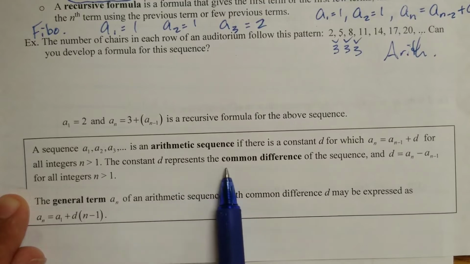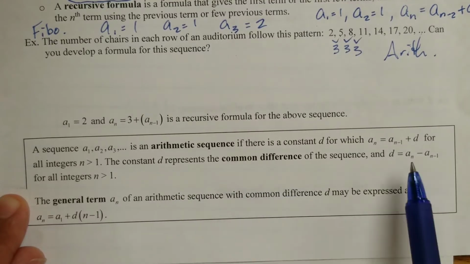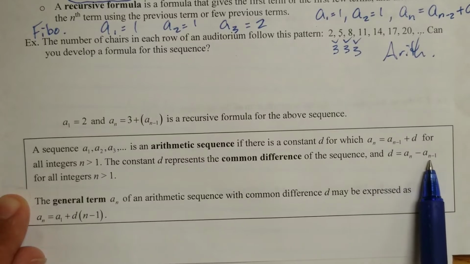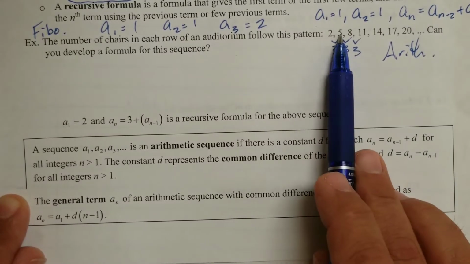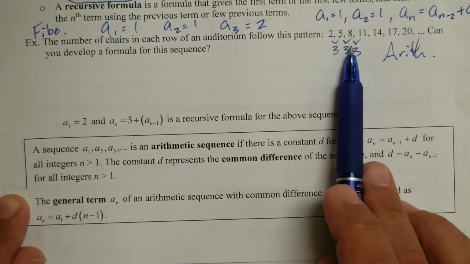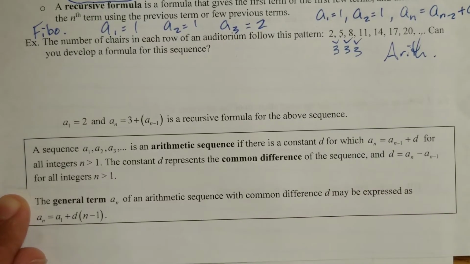Okay, so d is known as the common difference. This is the formula for d: a term minus the previous term. So if you look up here, 5 minus 2 is 3. 8 minus 5 is 3. 11 minus 8 is 3, and so on.